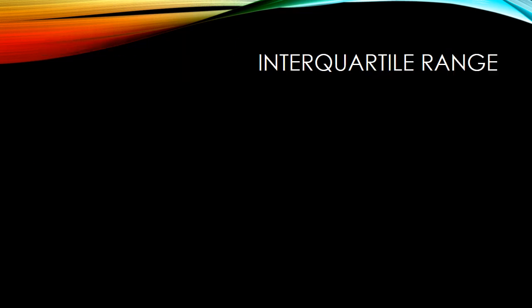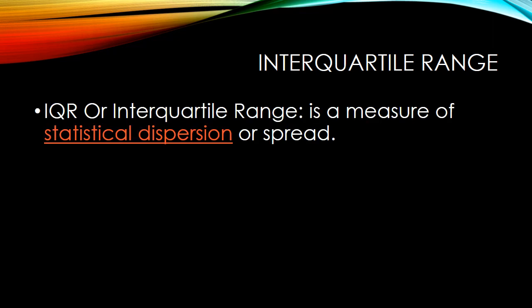We're going to talk also about the interquartile range. An interquartile range is a measure of statistical dispersion or the spread. Before we talked about the range and the standard deviation as measures of the spread. Today we're going to talk about the interquartile range, which we give the symbol IQR.